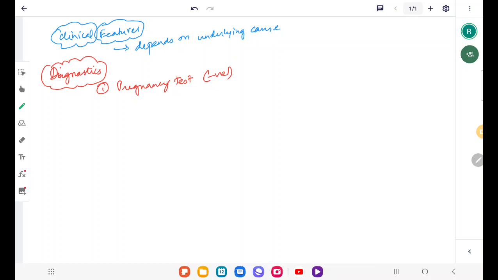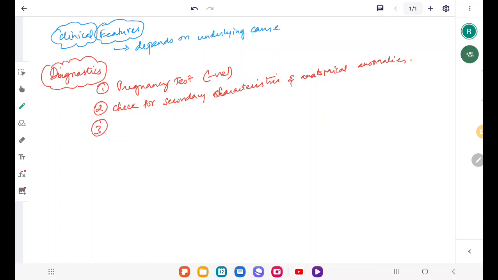The pregnancy test shall be negative, and we also check for secondary characteristics and anatomical anomalies. Alright.